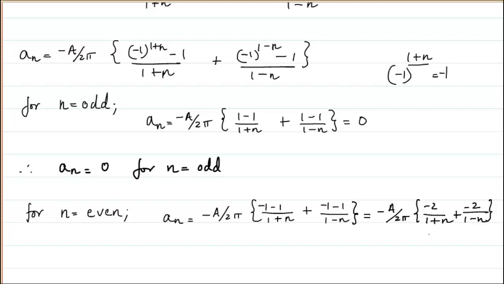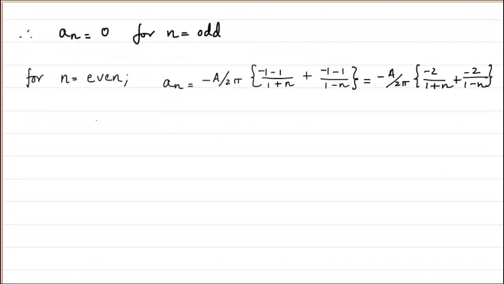Correct? And from that I can write, therefore, an is equal to 2. I can take out commonly from this and it will cancel out with the 2 in the denominator, and minus also I can take out and it will make the minus a as plus a.